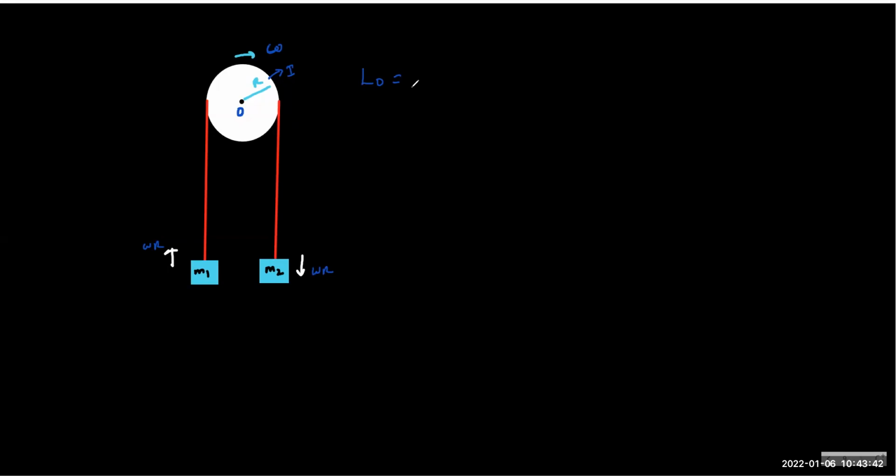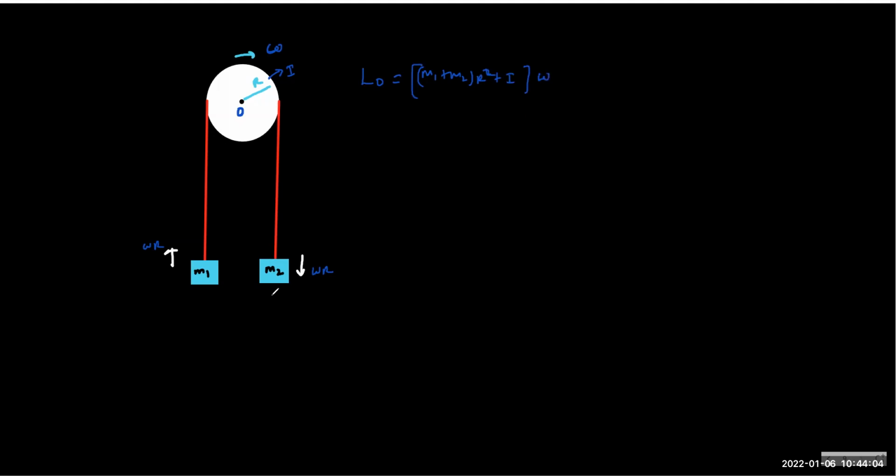Sir, it is omega into m1 r square plus m2 r square plus I. Again, same mistake. Into R square plus I, right? Yes, sir. Into omega.